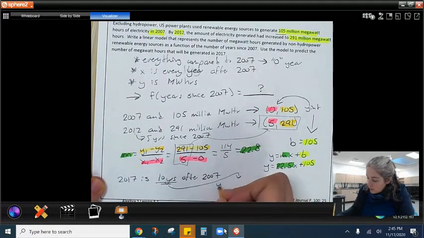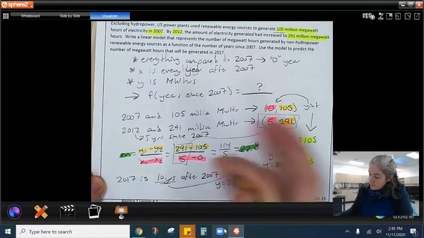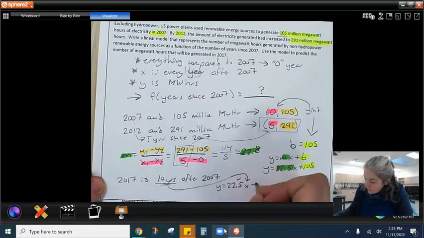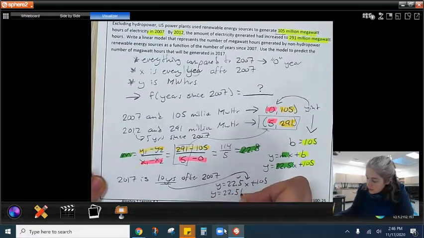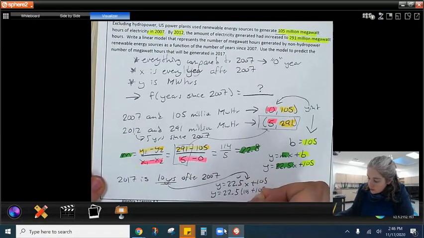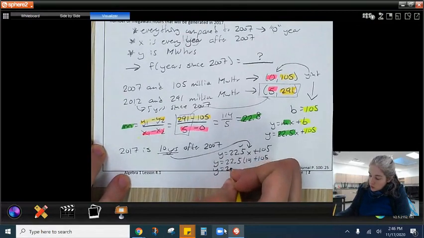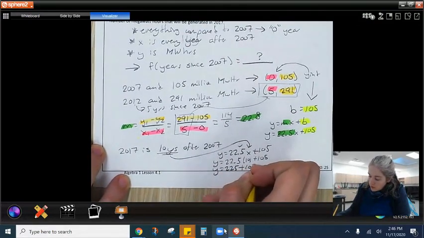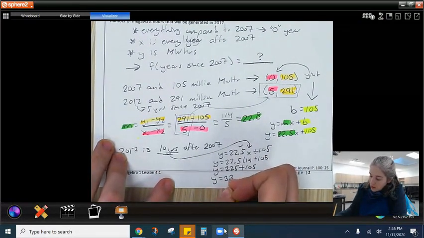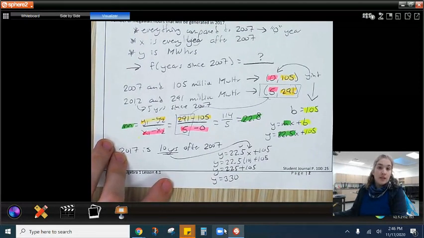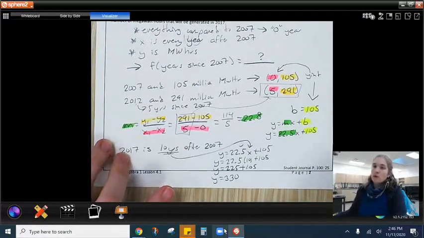So we're going to plug in y equals 22.5 times 10 plus 105. When I do that, we get y equals 225 plus 105. So y equals 330. So in 2017, our prediction says that there would be 330 million megawatt hours.